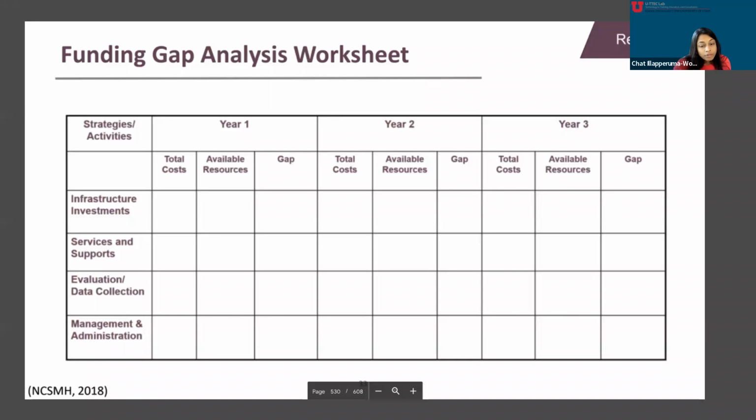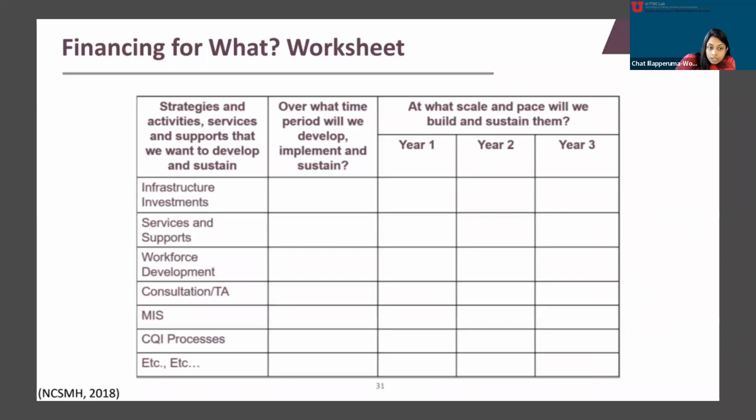The funding gap analysis worksheet, this is what you see here. It can be used to help teams assess current costs of their school mental health systems, the available resources, and the gaps in funding over multiple years. You can see this only lasts until 3 years, because in this particular example, they just wanted to look from year 1 through 3.